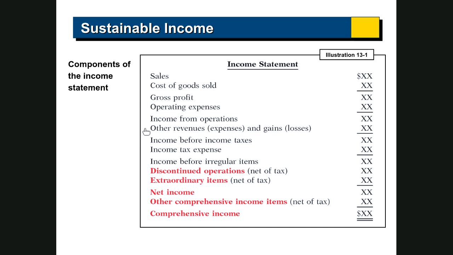For example, if you had two buildings and you sold one of them, your business is not building buildings and selling buildings. You had a building, or you had two bulldozers, right? You sold one of them, and because of that you had some gain. This would be in this category. This would be other income, other revenue, right?